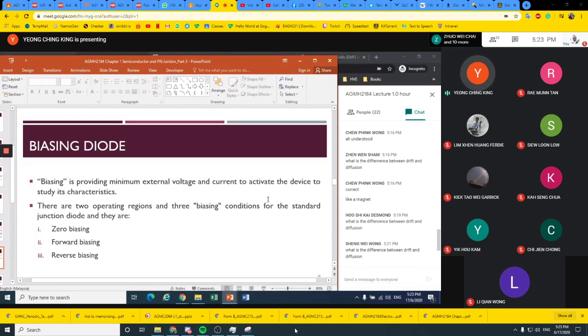So there are 2 operating regions and 3 biasing conditions for the standard junction diode, and they are zero biasing, then the second one is the forward biasing, and third one is the reverse biasing.